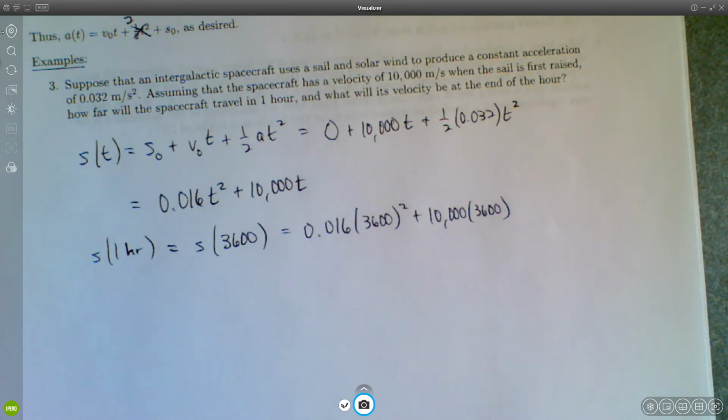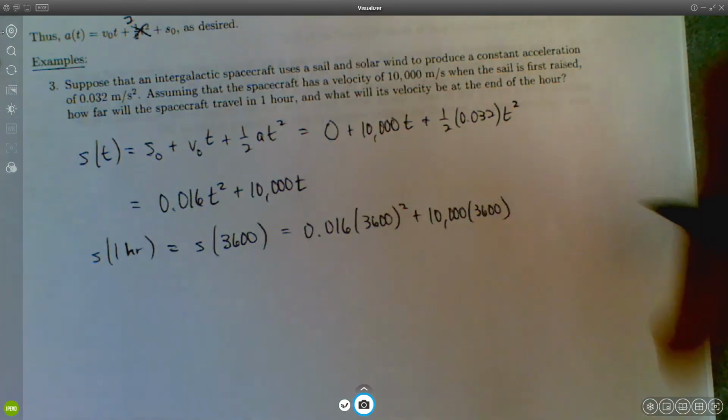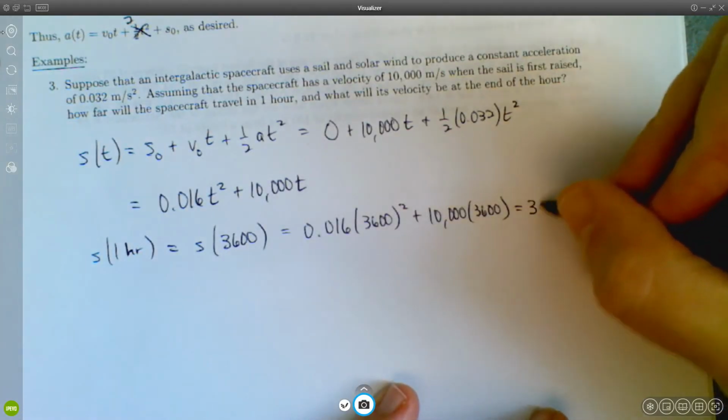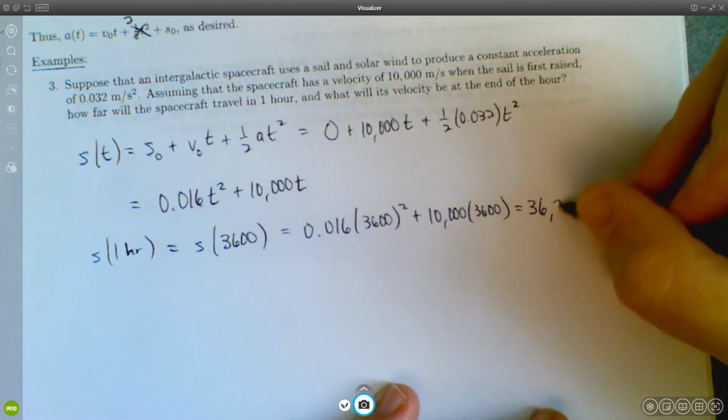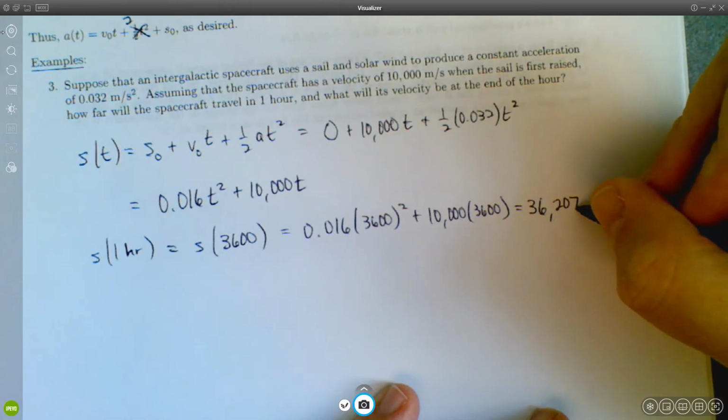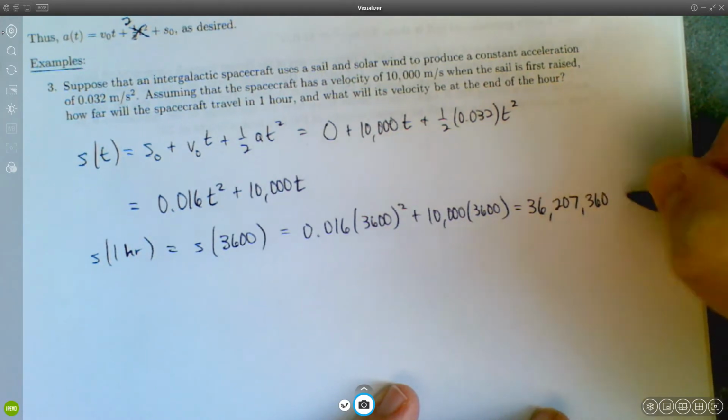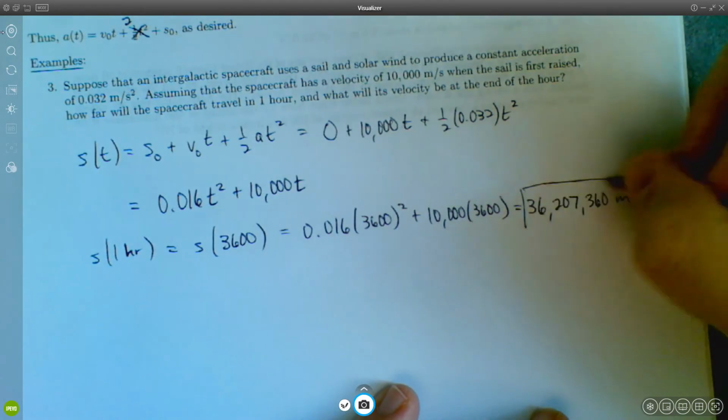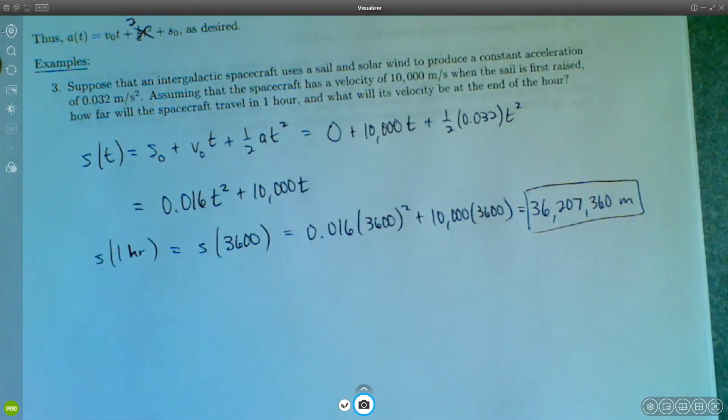Okay, so I'm coming up with 36,207,360 meters. Okay, so there's its position.